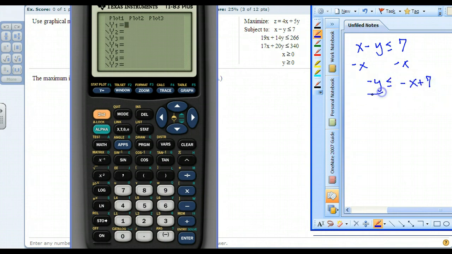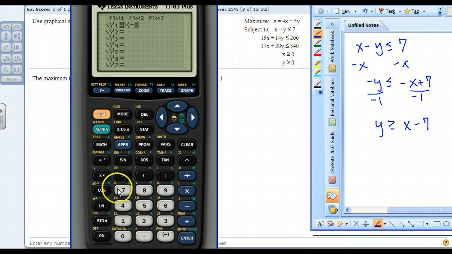Okay, but then I have to divide away the negative. So I get y, and then this is going to switch signs. Remember, when you divide by a negative, it flips around. A negative x divided by negative 1 is a positive x, and then positive 7 divided by negative 1 is negative 7. Alright, so I'm going to use x minus 7 in there. Alright, y is isolated, so this is a greater than, so I'm going to use that.